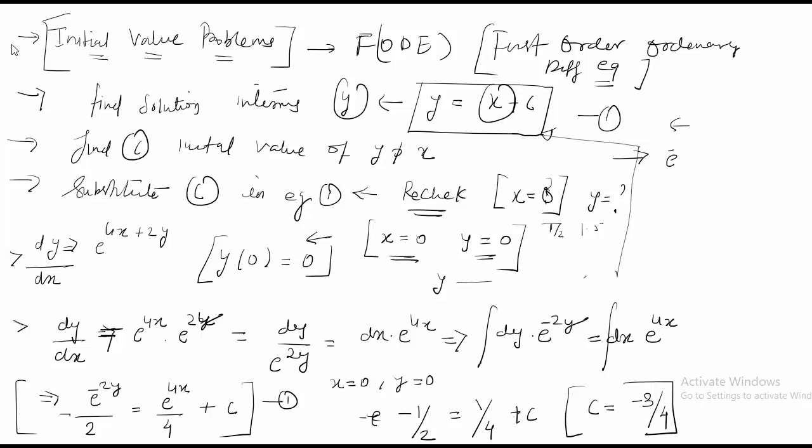So e raised to minus 2y divided by minus 2 is equal to e raised to 4x by 4 minus 3 by 4. So my e raised to minus 2y can be written as minus e raised to 4x by 2 plus 3 by 2.